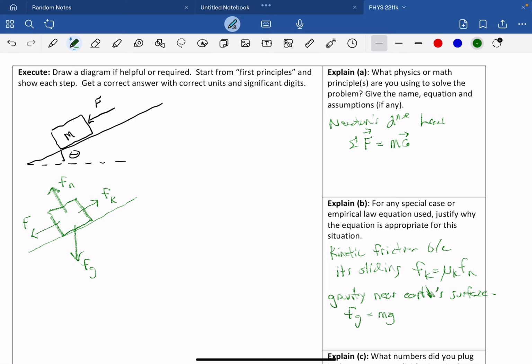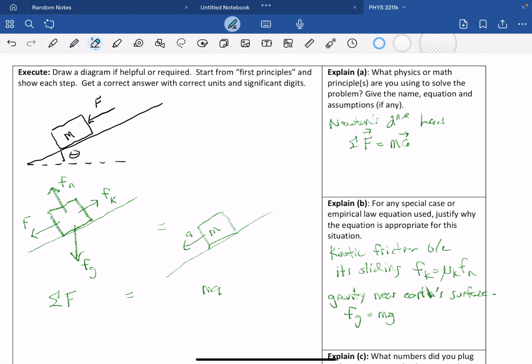We identified all the forces acting on the sled, and I like to indicate the direction that the sled is accelerating with an arrow. So the idea here is that the left-hand side represents the sum of all the forces, and the right-hand side represents mass times acceleration, and those two things are equal to each other.